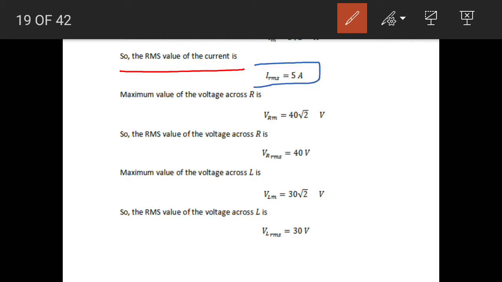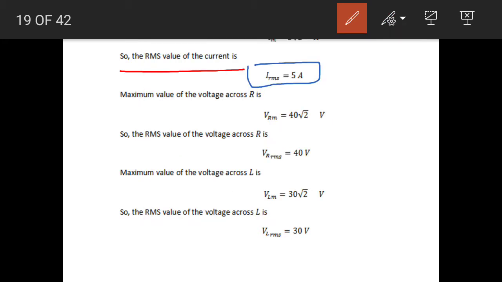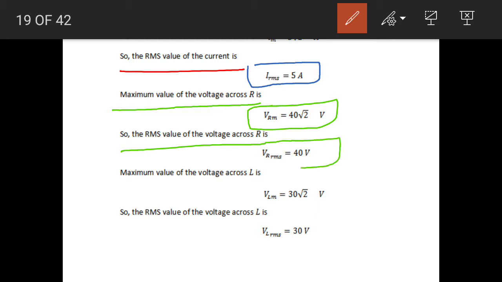So the RMS value of this current is 5 ampere. We know that the maximum voltage across the resistor is 40 under root 2. So we divide this voltage by under root 2 and we obtain the RMS value of this AC voltage. So the RMS value of this AC voltage is 40 volt.